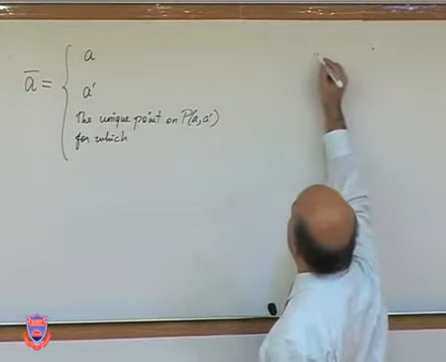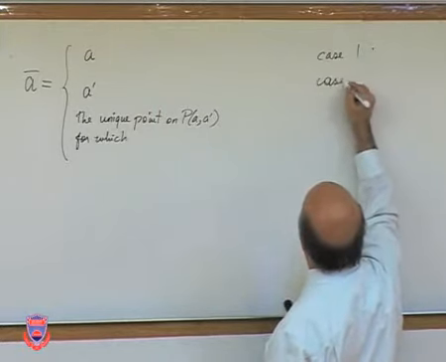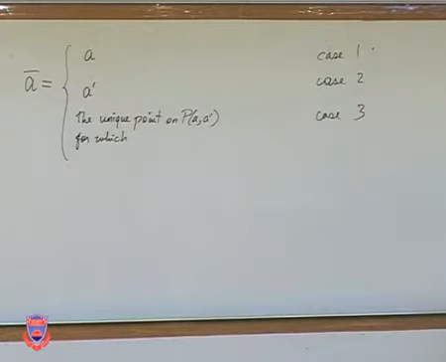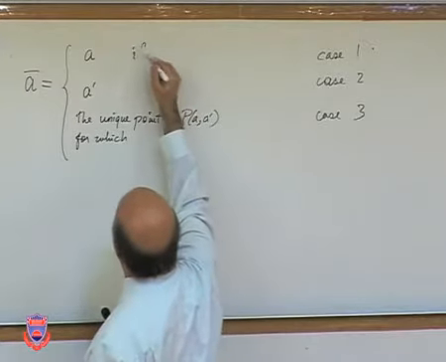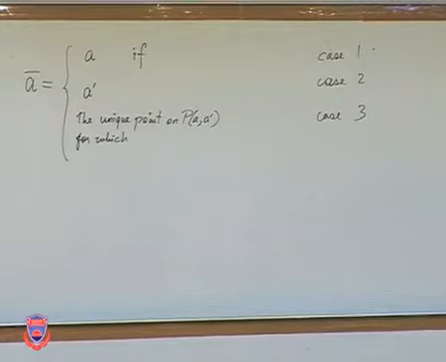This is case 1. The second one is for case 2. The last one is for case 3, the pictorial cases. Now, what's the algebraic condition for case 1 in your judgment? So what should I write here algebraically? See, algorithms can only work with numbers.